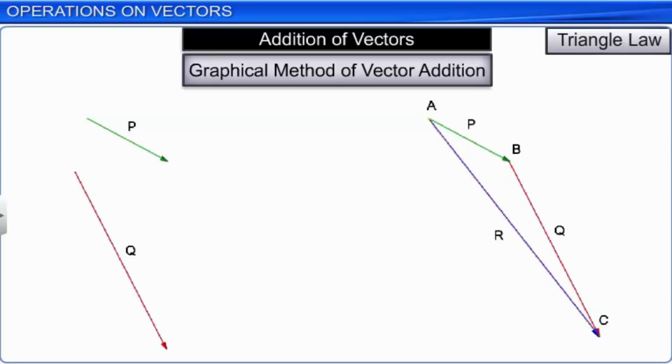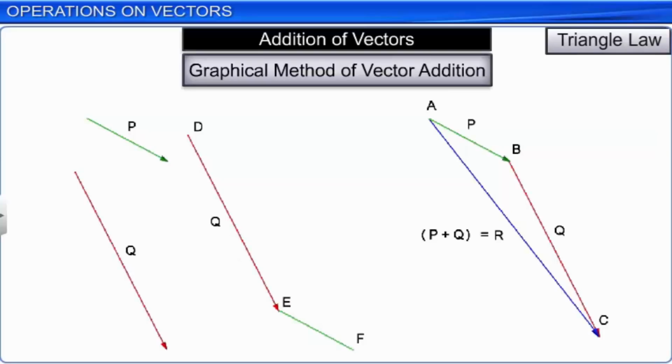Display an arrowhead at E. Then draw line EF parallel to P and equal to the length of P. Put an arrowhead at F. The tail of P coincides with the head of Q. Now, join DF. Display an arrowhead at F on the line DF.